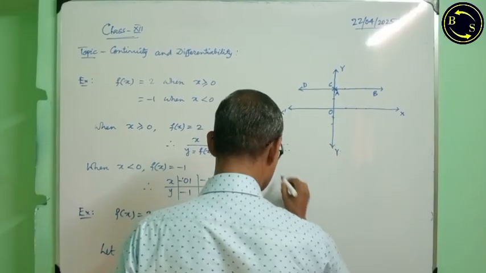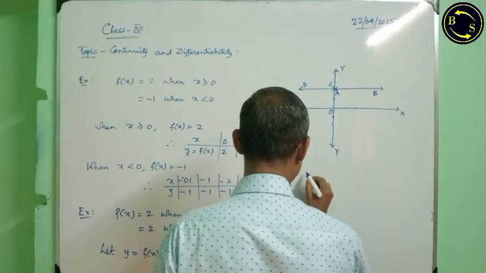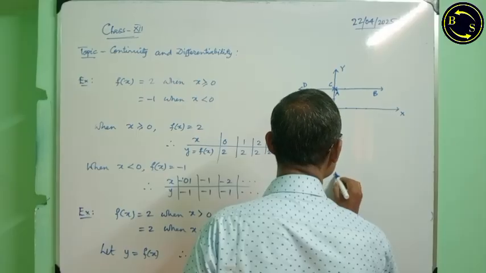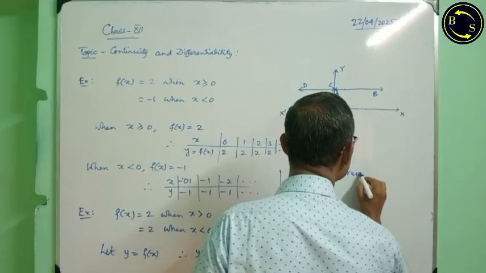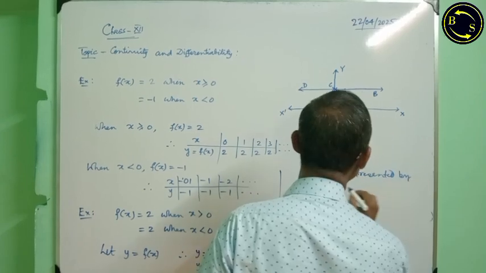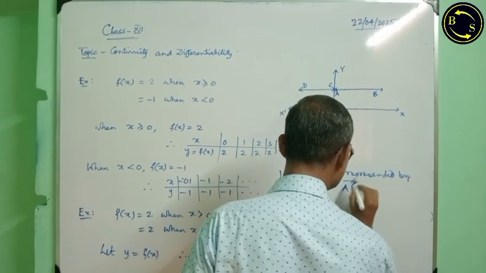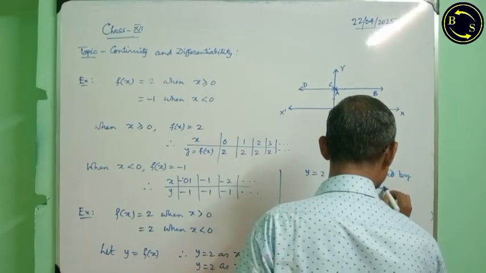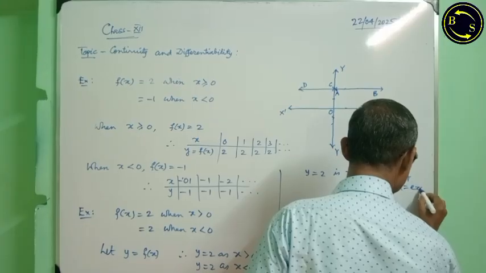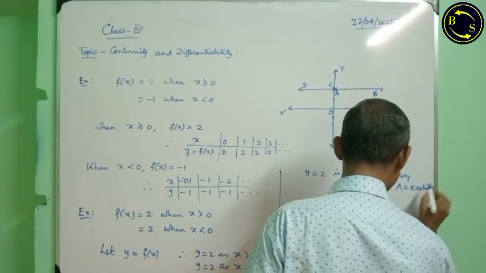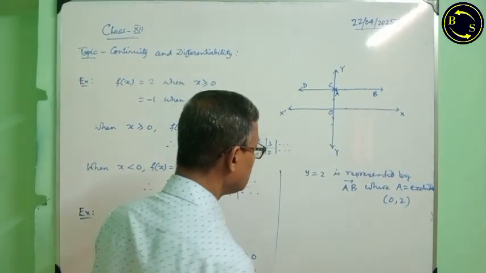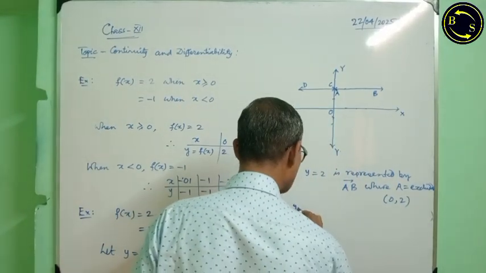then y equal to 2 is represented by AB ray, where A is excluded, 0 to y equal to 2.